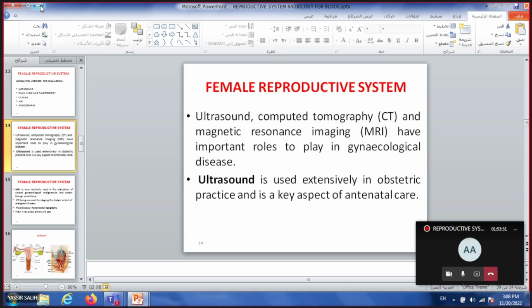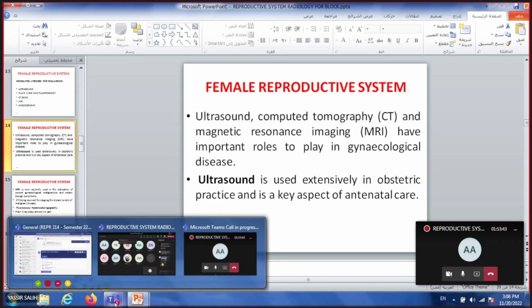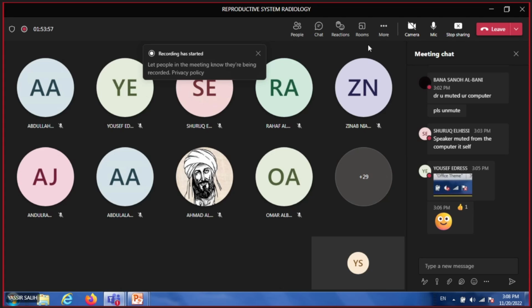The voice is not clear. If you have a problem with your microphone, you can write into the chat.